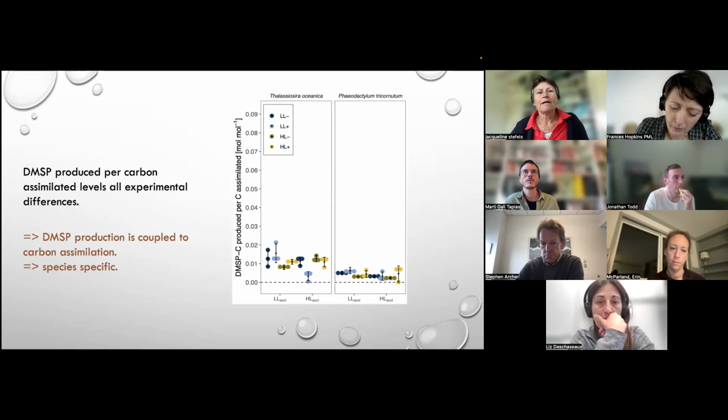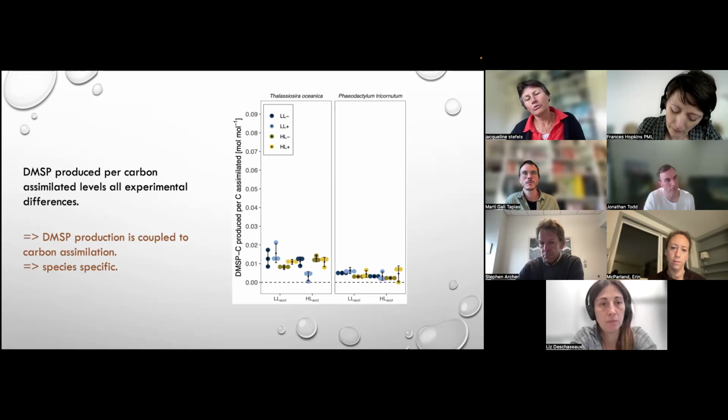So DMSP production was simply coupled to carbon assimilation, but there are species-specific differences. And the other two species are also different from these ones.